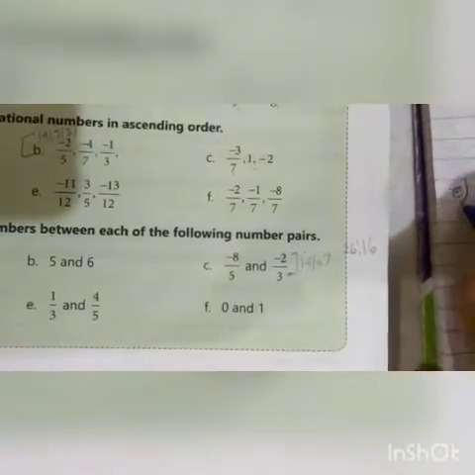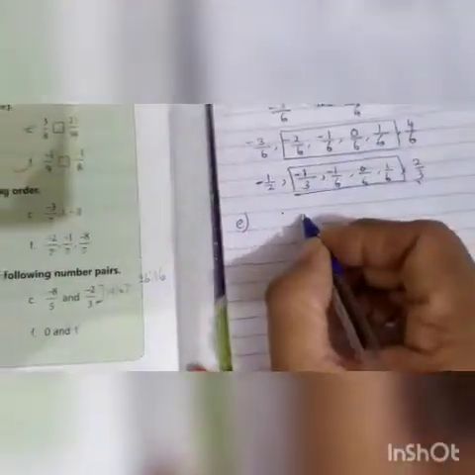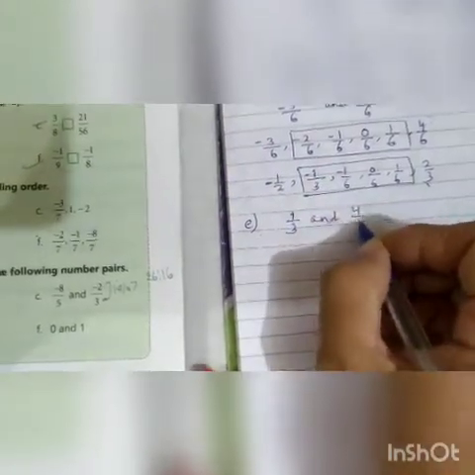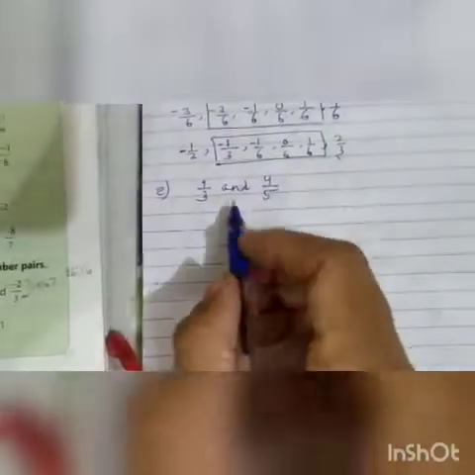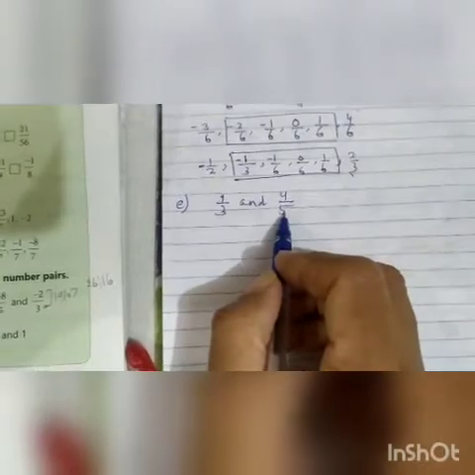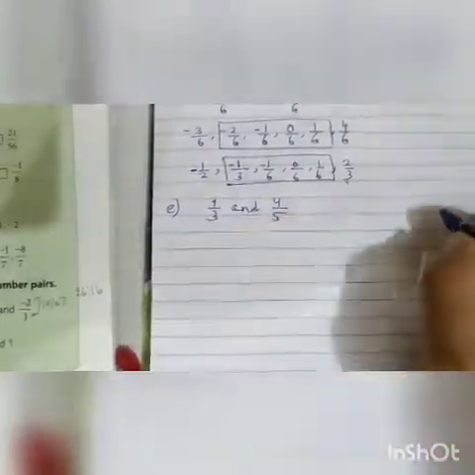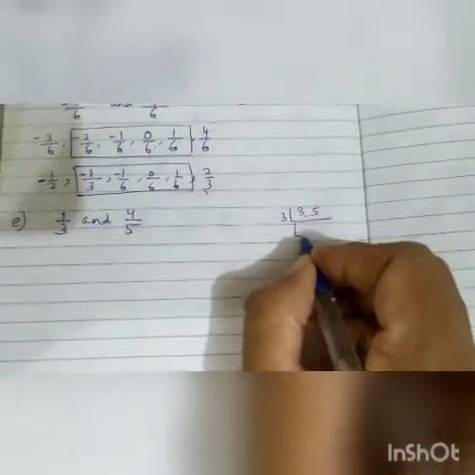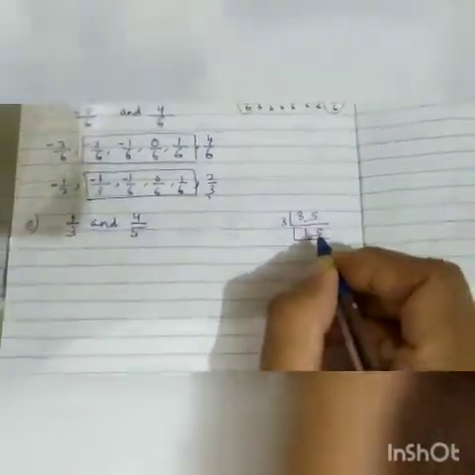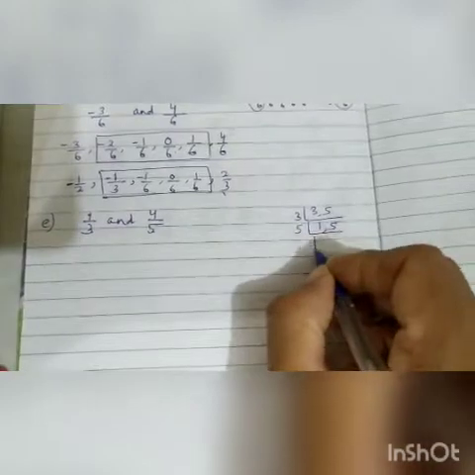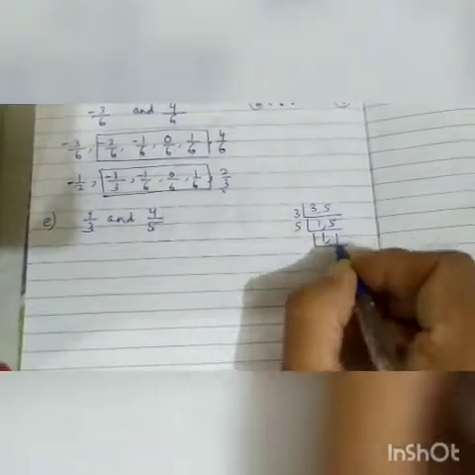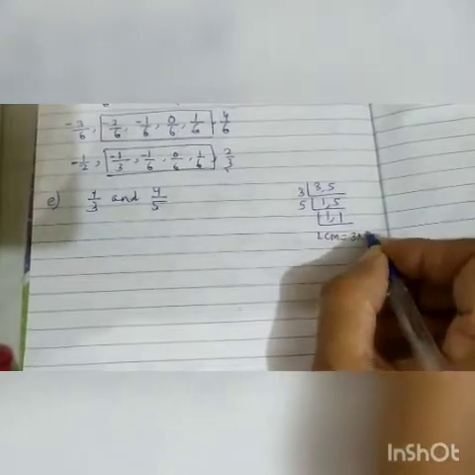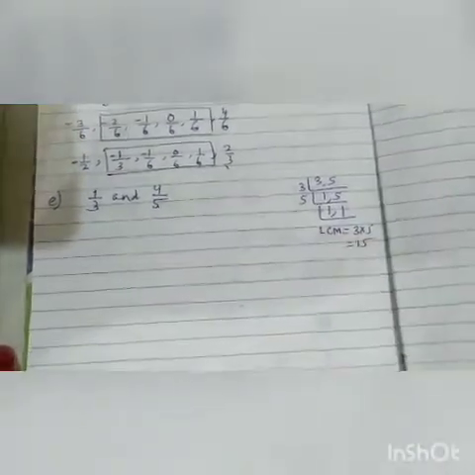Its E part is 1 upon 3 and 4 upon 5. See here, again their denominators are not the same. If we find the LCM of 3 and 5, the LCM is 3 into 5, which is 15.